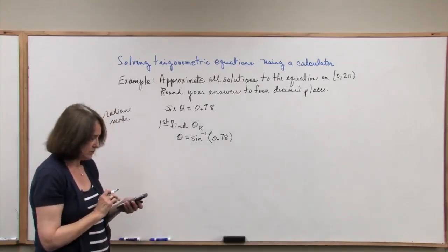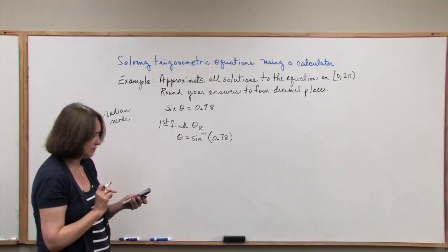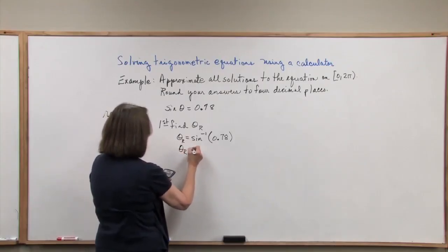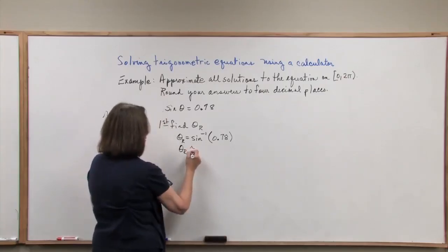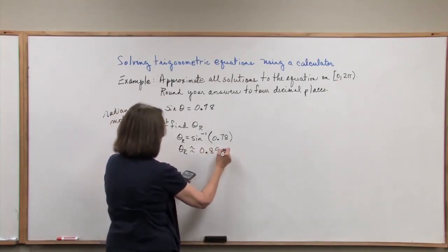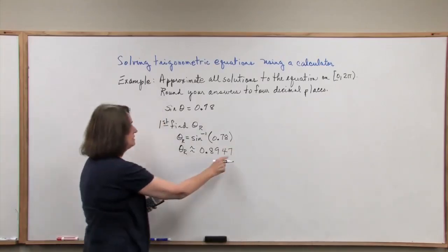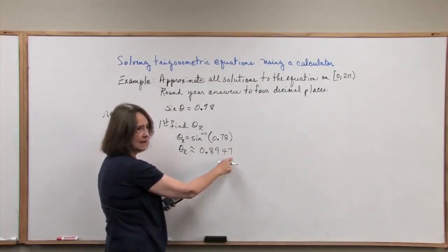So we're going to do second sine, then 0.78, enter, and we get that the reference angle is approximately 0.8947. Okay, I've rounded this 7. There was 6, 6, and then I've rounded to 7.